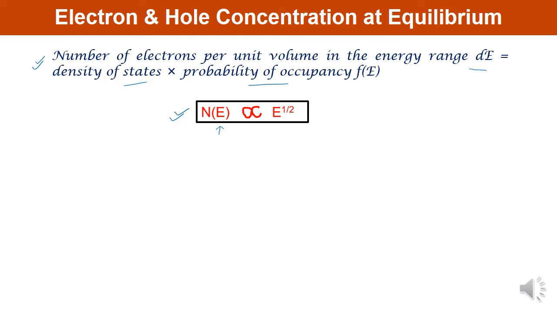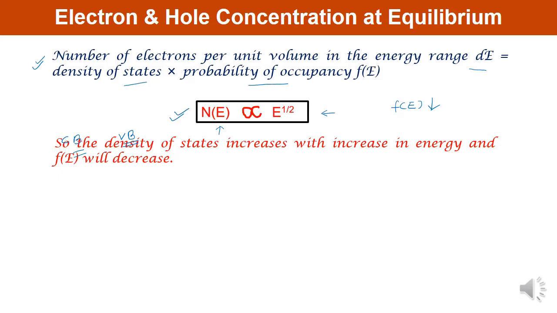From this equation you can observe that the density of states N(E) increases with the increase in energy, then F(E) will decrease. Therefore the probability of finding the maximum number of electrons is near the conduction band bottom, and that of holes near the valence band top. So this is how it can be related.